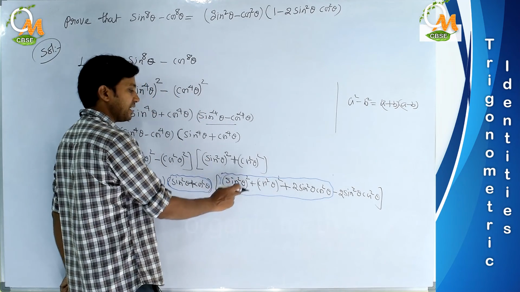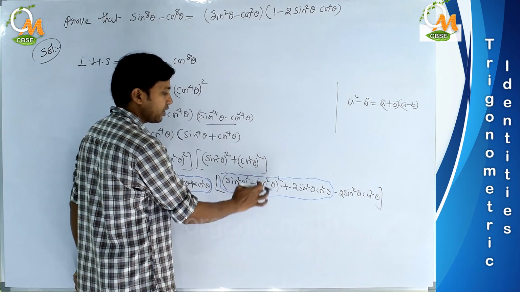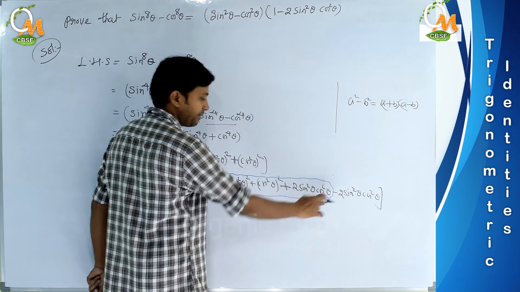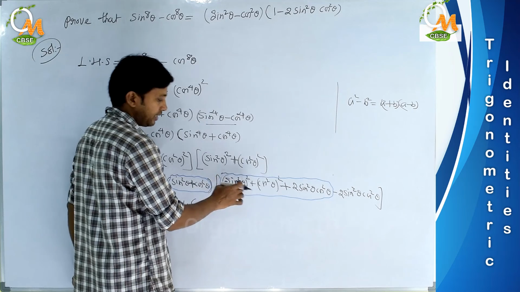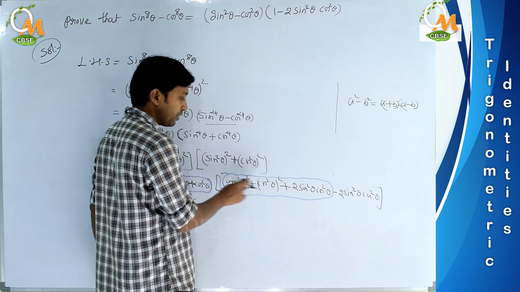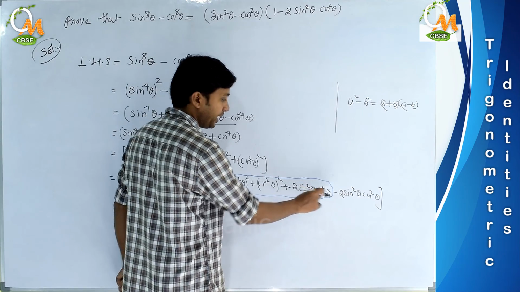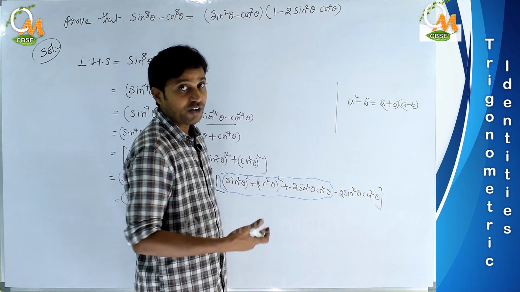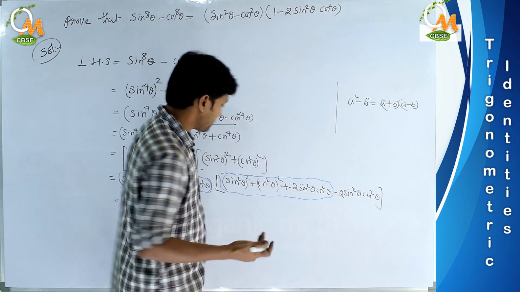If you consider sine square theta as A and cos square theta as B, then this expression inside the box is in the form of A square plus B square plus 2AB. So is it an expansion of A plus B whole square or not? Yes.